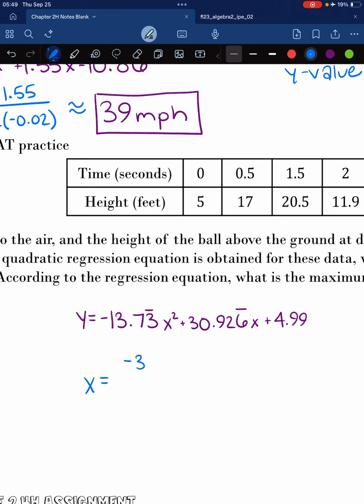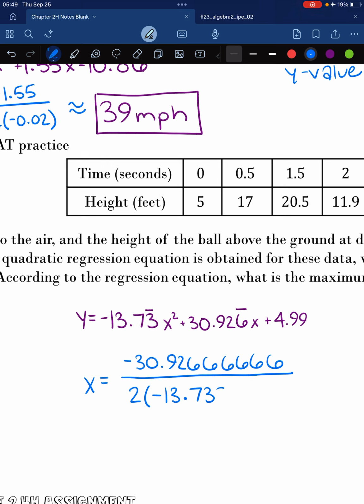So we can do x equals negative b, and I'm just going to type in quite a few sixes. There's no way to say repeating 6 in your calculator, but we can type a lot of them and avoid that whole error from using rounded calculations. So I'm just going to type in a bunch of 3s.